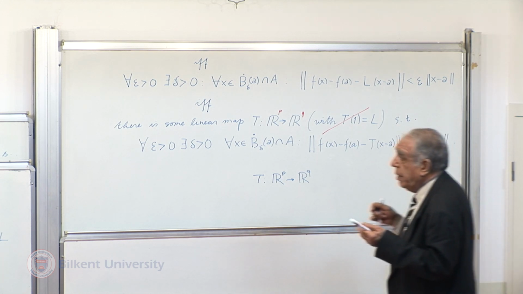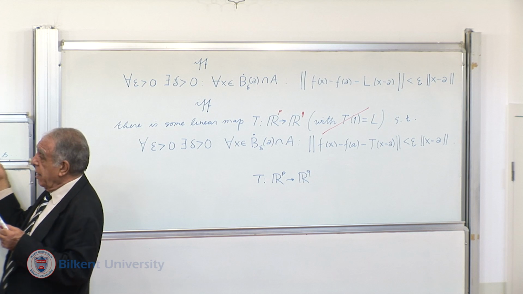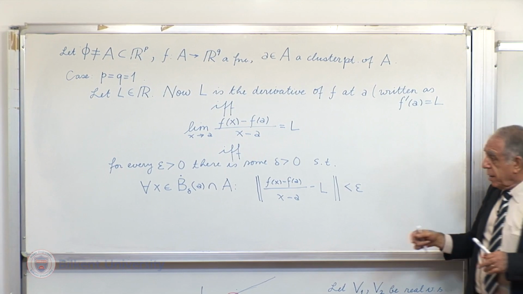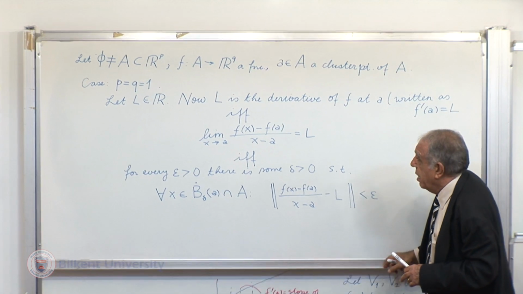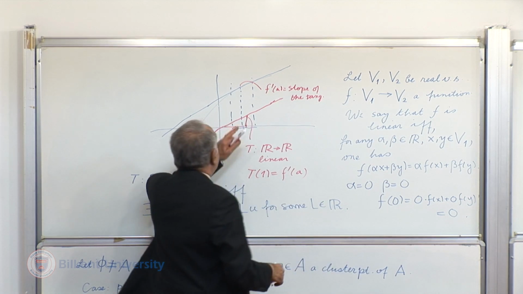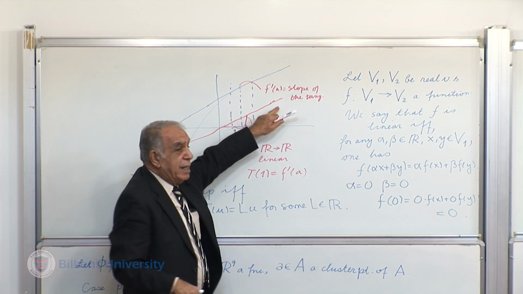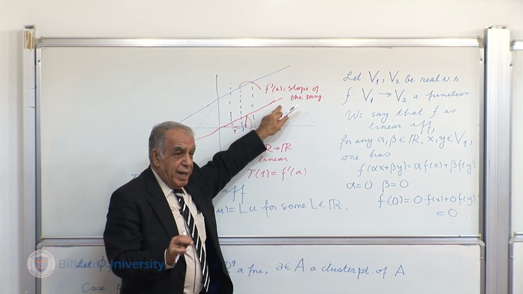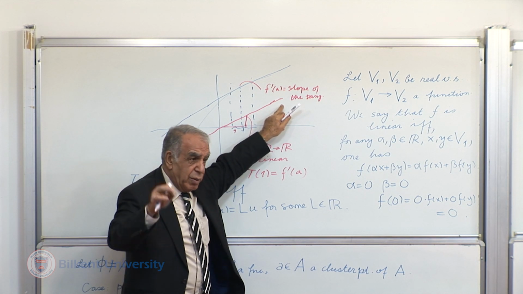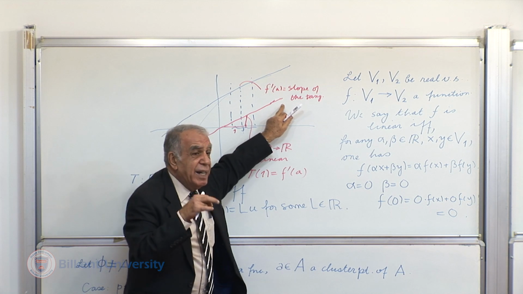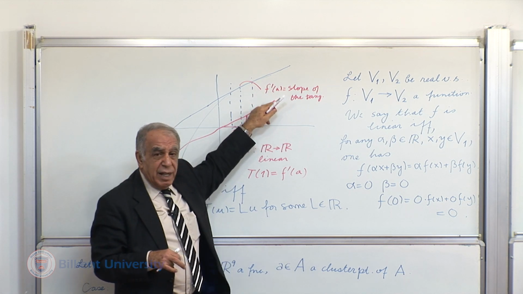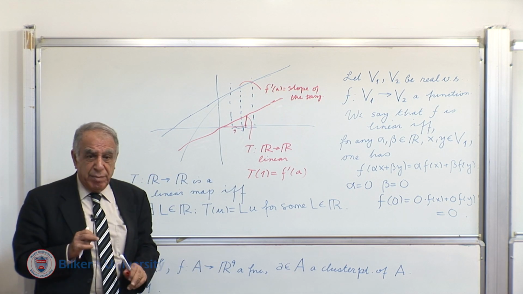So what we have done here is, if we adopt this definition for the general case, then we will be considering this linear map, this object, which is a linear map on R to R, as the derivative of this function f at a, instead of this single real number.